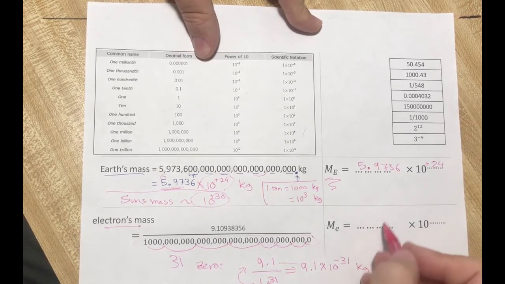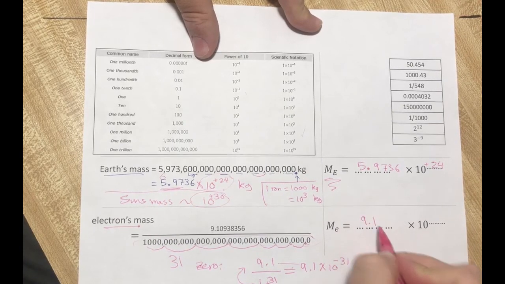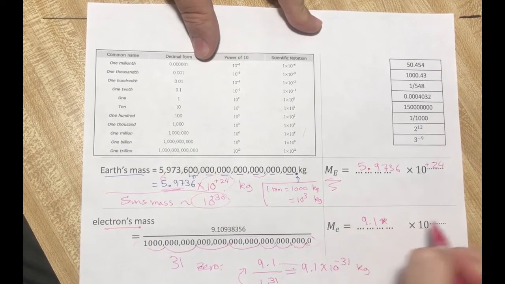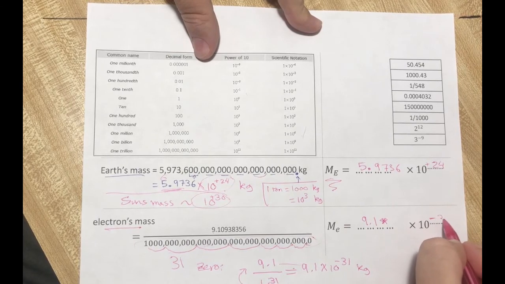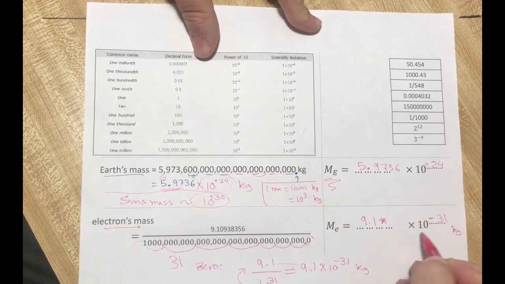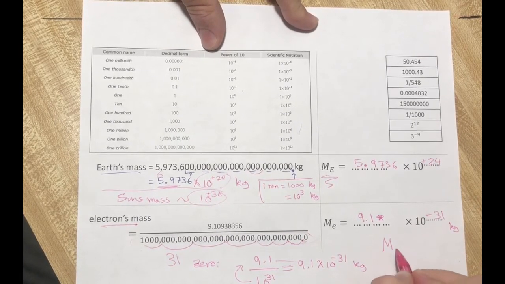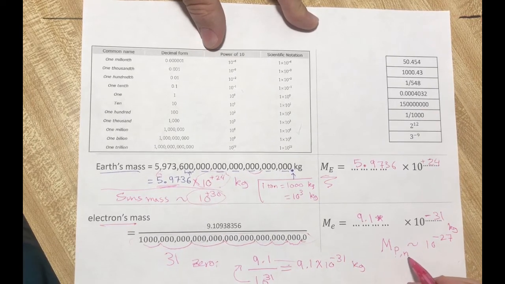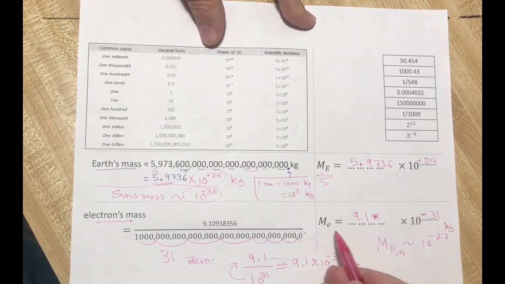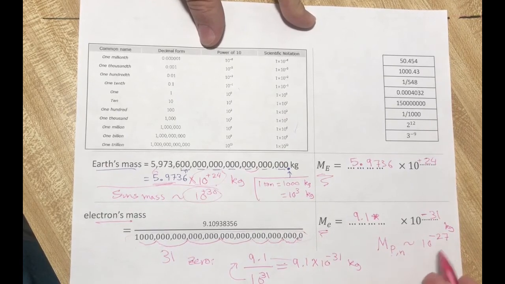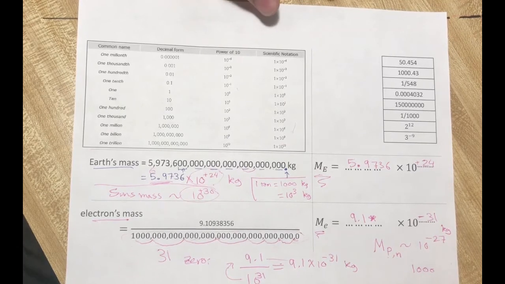So the mass of the electron is 9.1 multiplied by 10 to minus 31 kilograms. It is a very small number. The mass of a proton or a neutron is in the magnitude of 10 to minus 27. So the proton or the neutron are heavier than the electron by about 1,000 times or 2,000 times.